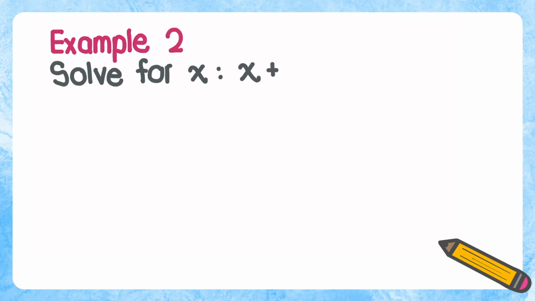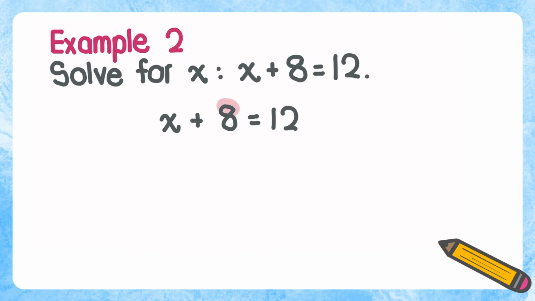Let's take a look at another example. So solve for x, and our equation right here is x plus 8 equals 12. So remember, make sure you're writing down the problem as well. So we want to isolate the x. So when I write out this x plus 8 equals 12, I notice that the plus 8 is in the way. So how do I remove this? I want to do inverse operations.